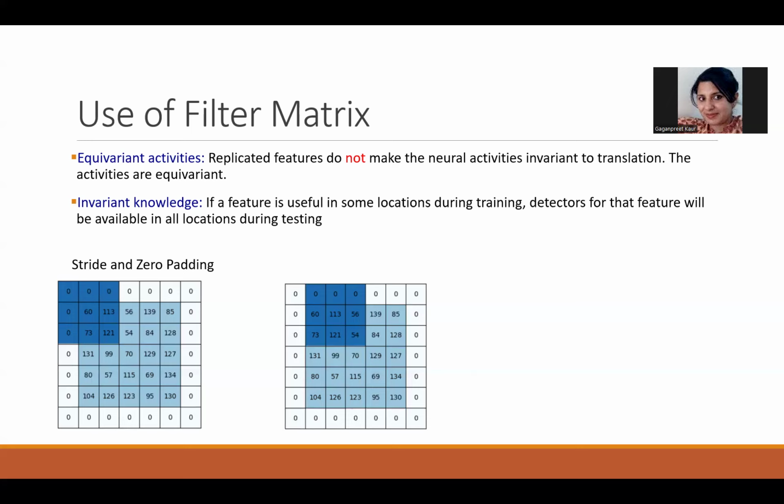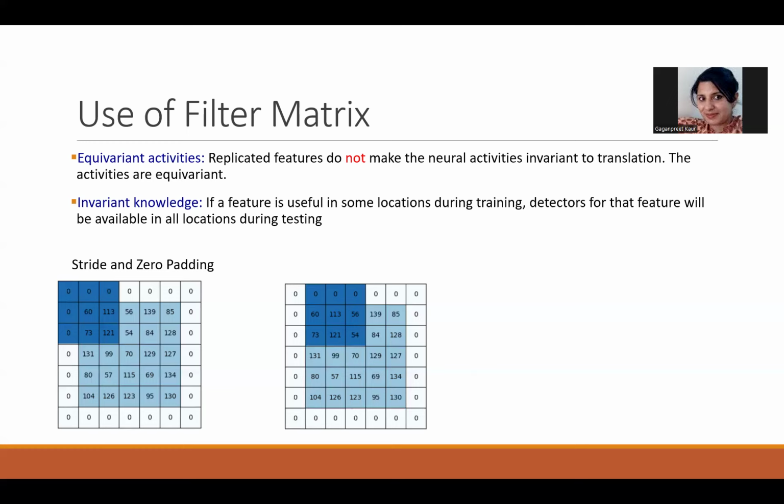When I say invariant to translation, let's say I have an image and its mirror image, then my feature extraction would work equally well on the image as well as the mirror image. It is invariant to the placement of the objects in the image. So it is invariant to the translations.